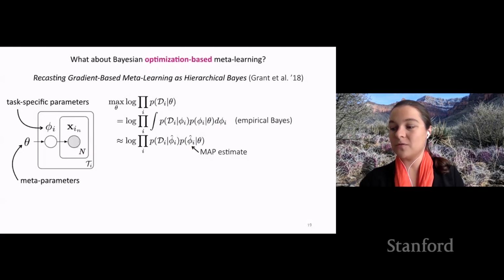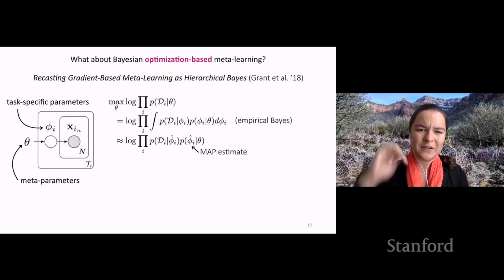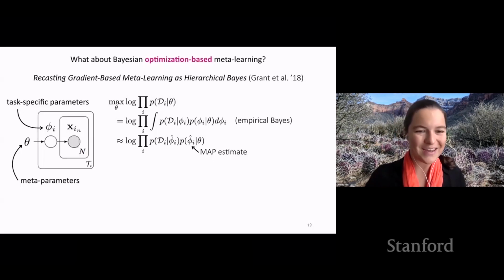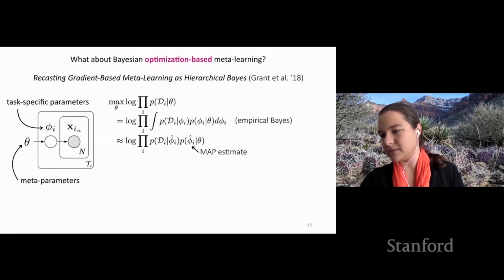Basically, the value of phi I that has the highest likelihood. This is a very crude approximation to the integral, but if you have a very peaky distribution, it may not be that crude. But in any case, it's a fairly crude approximation.